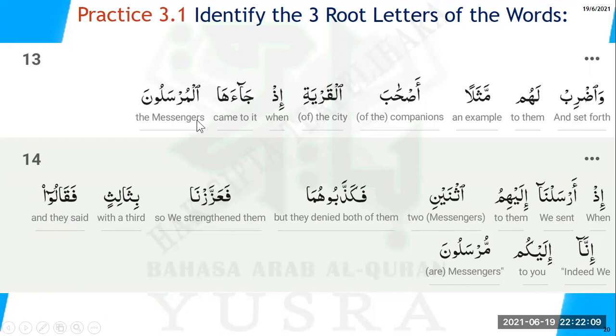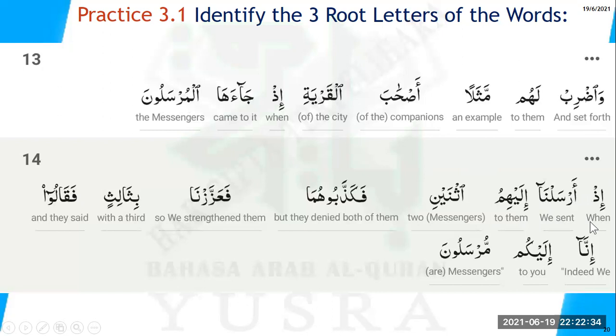The messengers are those people being sent by God. In the terms of the Quran, messengers could mean the prophets as well as the angels. Don't mean it just for the prophet. So that's why it's called Mursalun, those being sent. Okay? So it is isim because of alif lam.